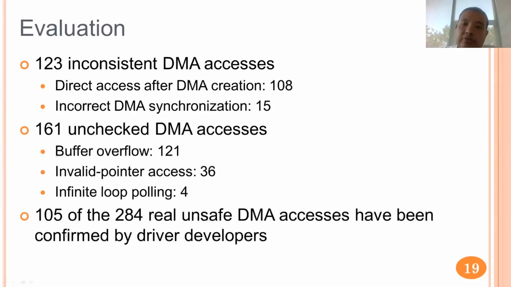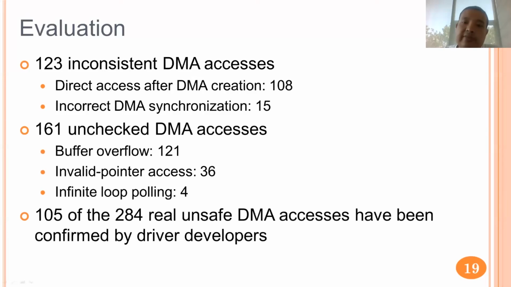Among the 123 inconsistent DMA accesses, 108 of them are caused by direct access after DMA creation, and 15 of them are caused by incorrect DMA synchronization.